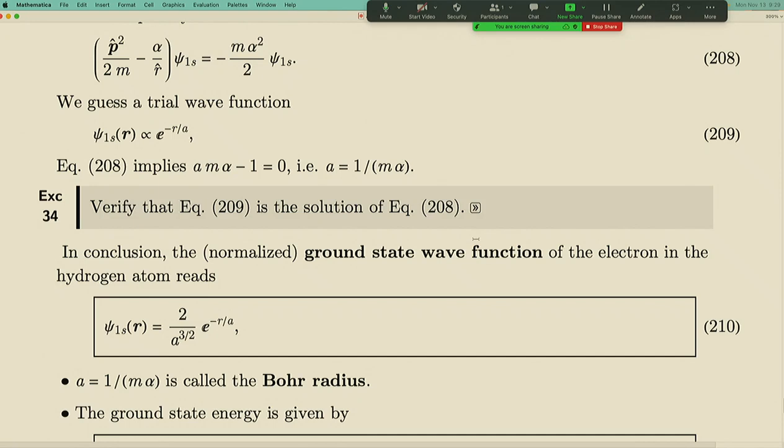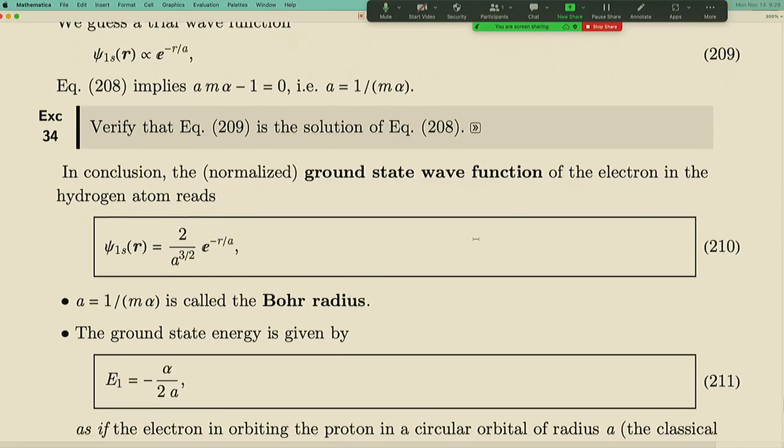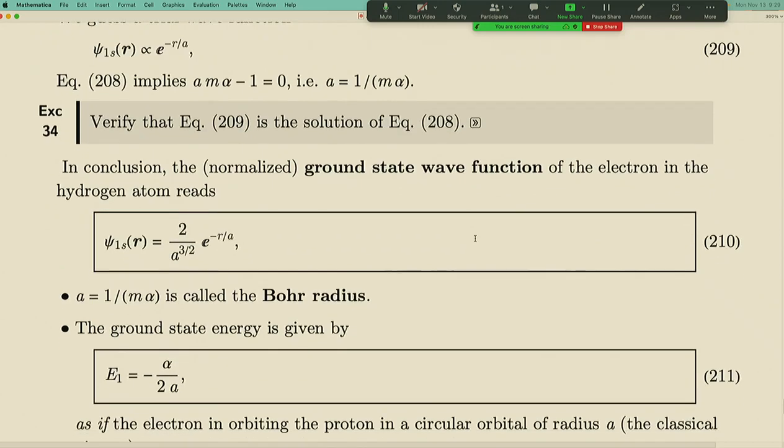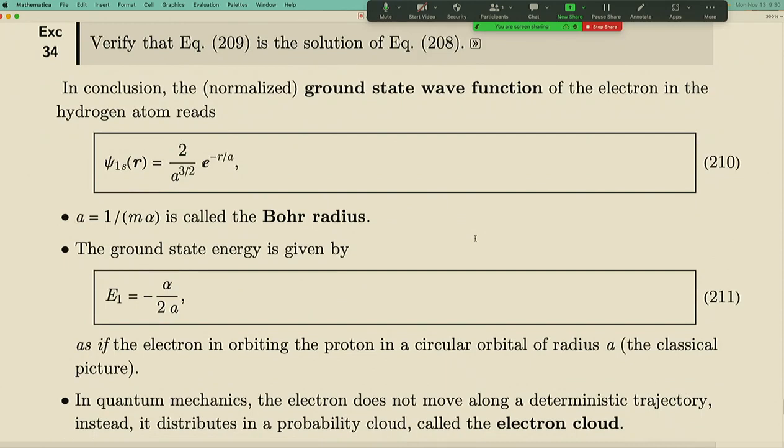The Bohr radius is a typical length scale which describes the size of the hydrogen atom, because it's also the size of the electron cloud. We can see it from the probability cloud, and it doesn't have a definite position or momentum. It's just described by a probability amplitude.